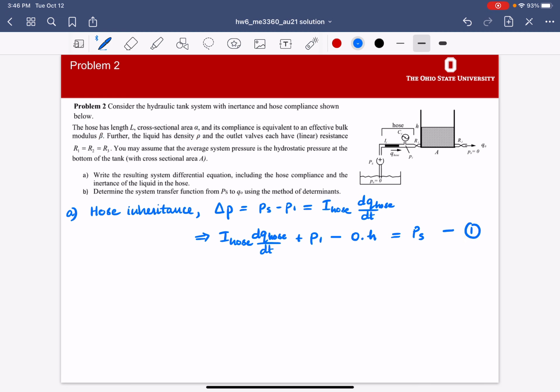Now let's look at the next part in our system, which is this section over here. We are looking at some of the flow that's going into this accumulator, and then some flow that's going through this first valve and entering our tank.